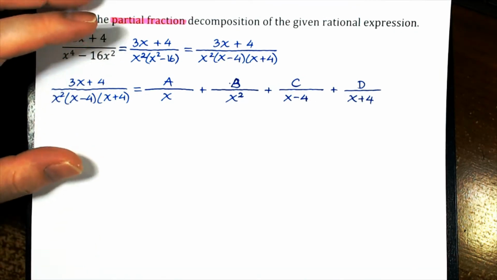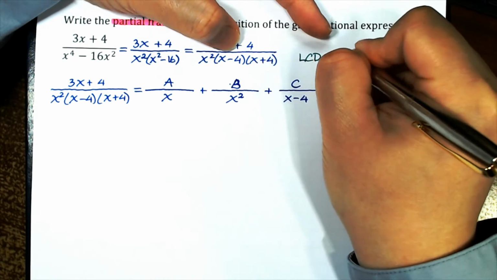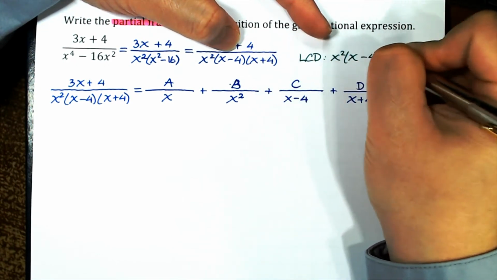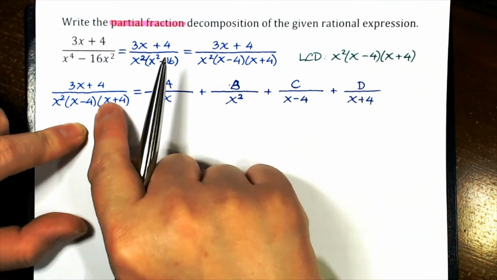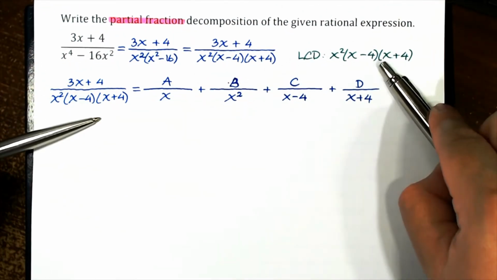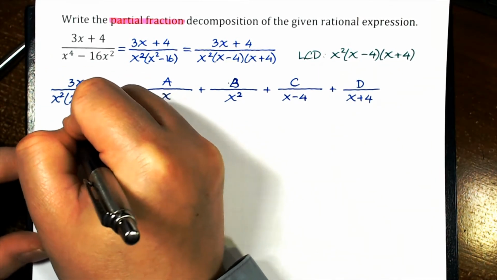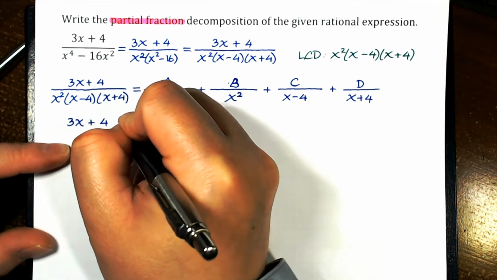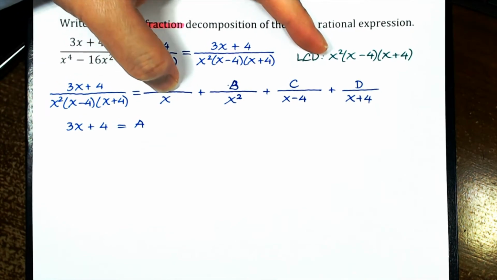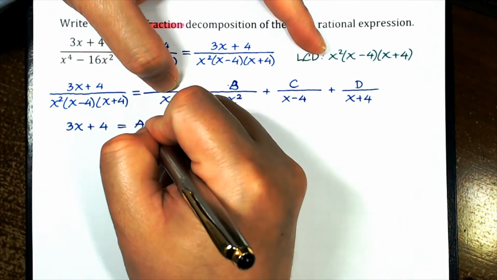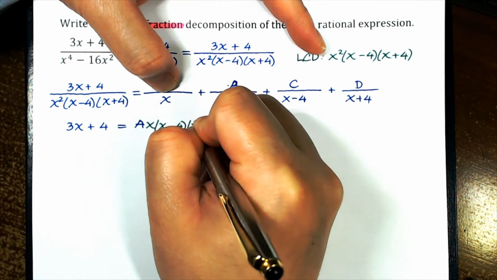We will multiply both sides by the least common denominator of x squared, x minus 4, and x plus 4. When we multiply, the denominators cancel out, so we have 3x plus 4 on the left, and then a times x, one x cancels out, we still have an x, and then x minus 4 and x plus 4.